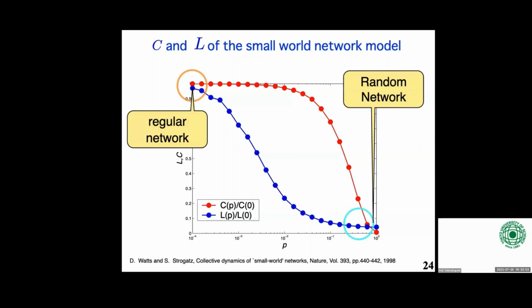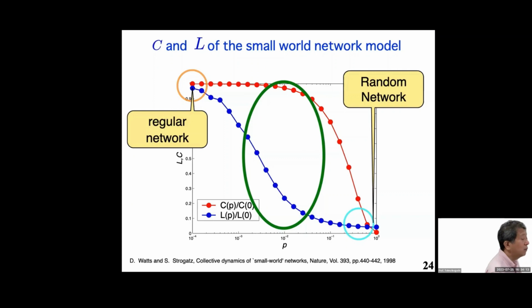And for intermediate values of P, for example, P equals 0.01, the value of C of P divided by C of 0 remains high, while the value of L of P divided by L of 0 is very small, indicating that the small world phenomenon is reproduced.